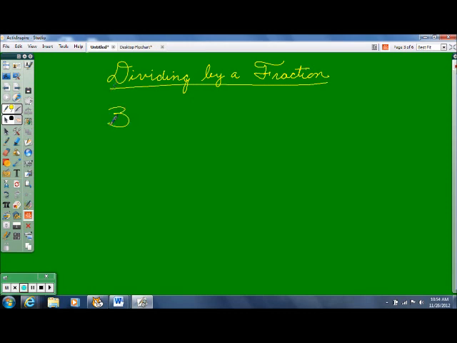Okay, moving on to the second part of today's lesson, we have dividing by a fraction. So please write down that title. And the first one we're going to look at is going to be 3 divided by 1/4. So take the whole number 3, put your division symbol, and then 1/4.